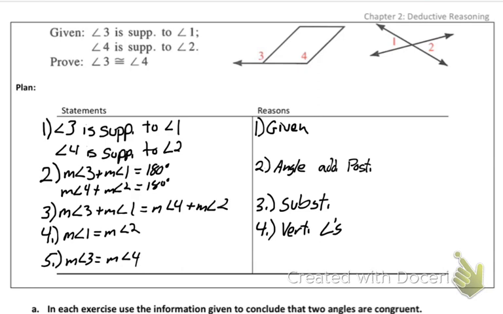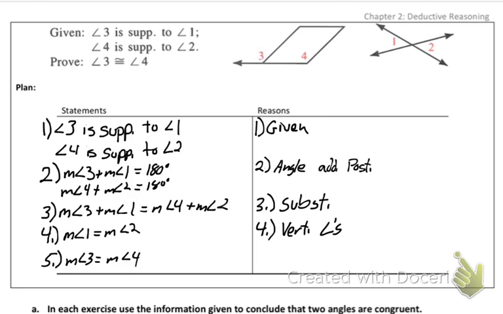How'd that happen? We got 2 people that know how it happened. Can we get some more people that know? All right, 3. Come on, guys. What happened there? How did I get from here to here? Lydia. Because 1 and 2 are vertical angles, so 3 and 4 must be vertical angles.